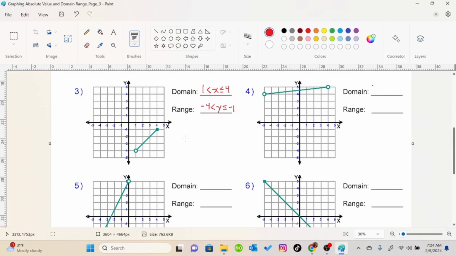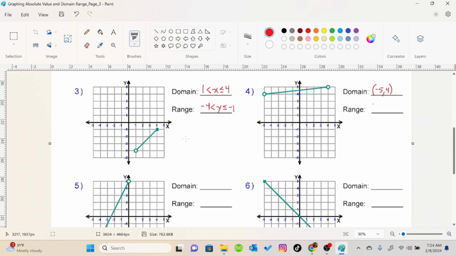So number 4, domain. My lowest x value is -5, and there's an empty point, so it is not included. My largest x value is 4 with a hollow point, so it is not included.